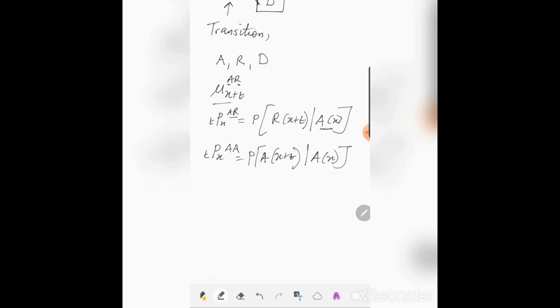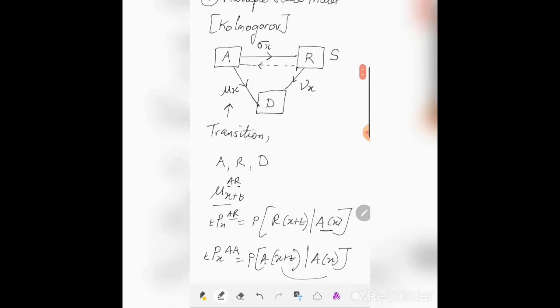But nowhere is it mentioned what happens between x and x plus t. Probably he could have gone to retired and come back to the active state. Imagine it is sickness.